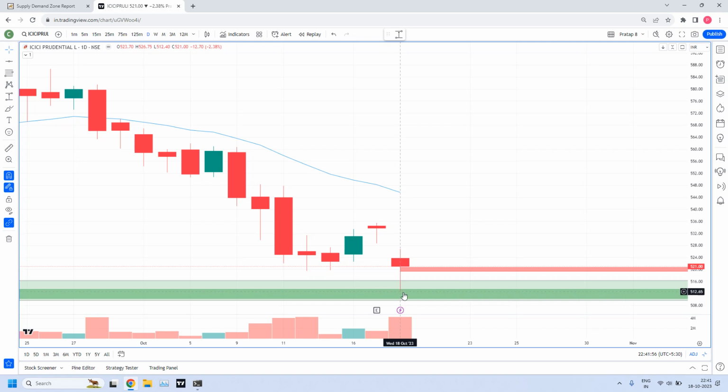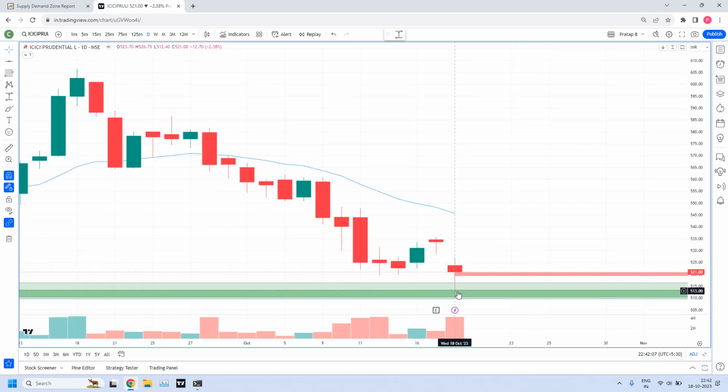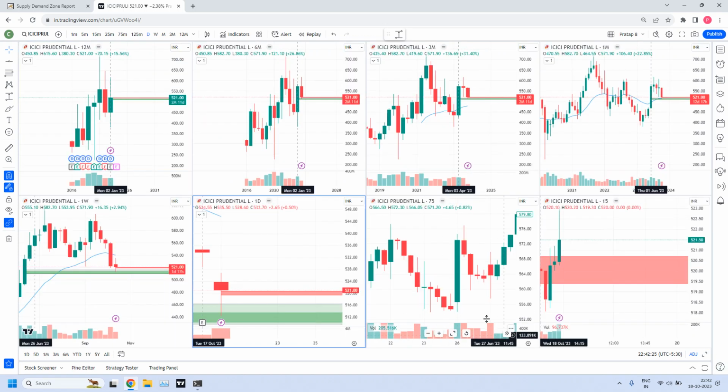If your mind accepts the trade, you would have got a good profit today, a 5.8% profit. If your mind did not accept it, and you are thinking this demand zone will easily be violated, you are wrong. This zone pushed up. See the rejection after that. See how strongly it pushed up. That's why we got a good profit. This is what happened here.